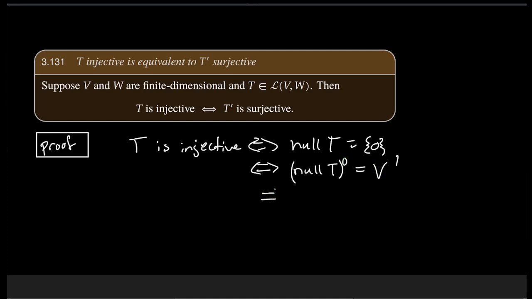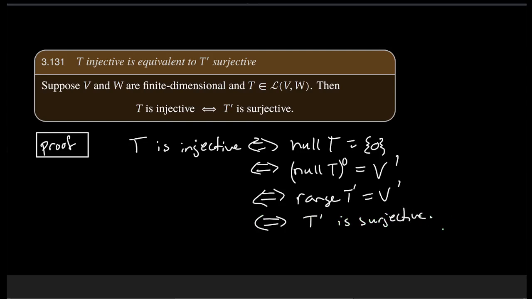Oh, wait a second. But the annihilator of the null space of T, that's the range of T prime. And that only happens when T prime is surjective. Nice. That was easy.